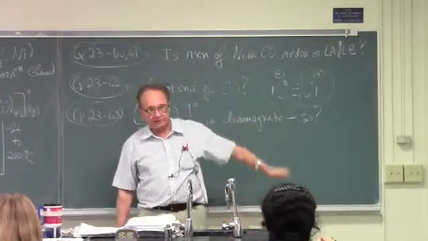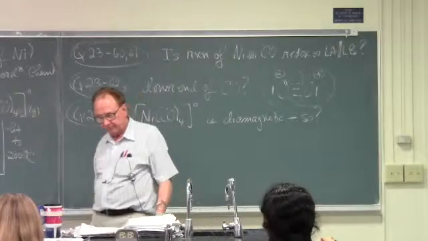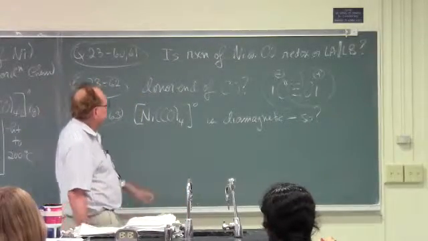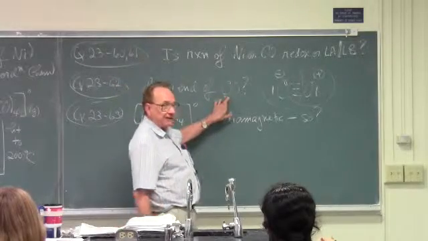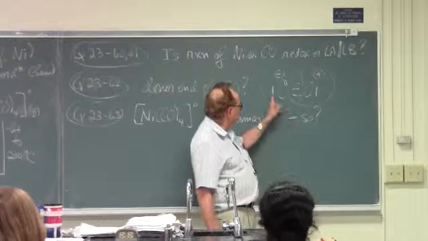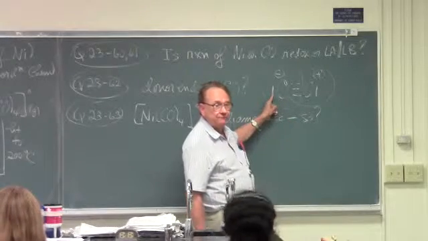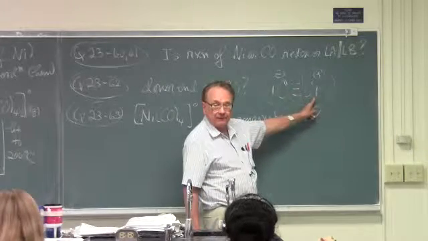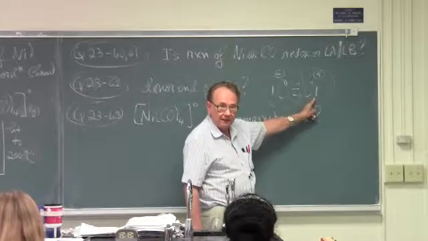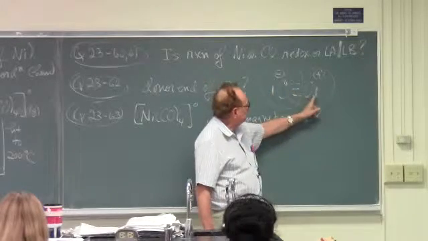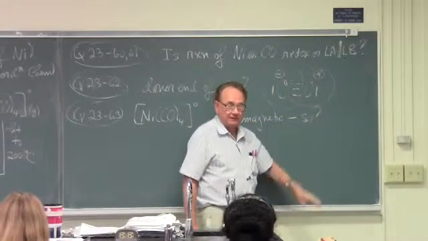Question. Based on what we have on the board, can you decide when carbon monoxide behaves as a Lewis base, does it use this non-bonding pair only? Does it use this non-bonding pair only, or on occasion it uses this non-bonding pair, on other occasions it uses this non-bonding pair.